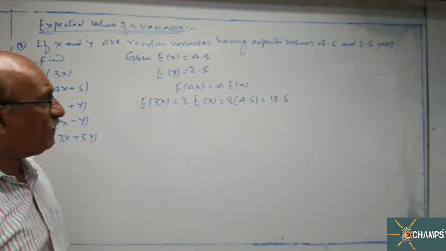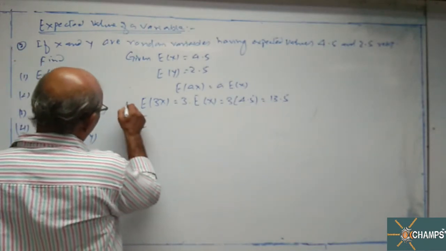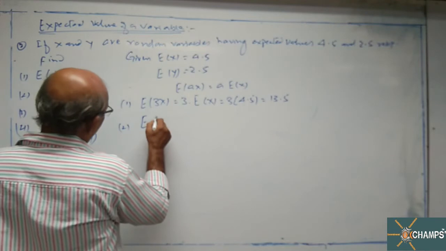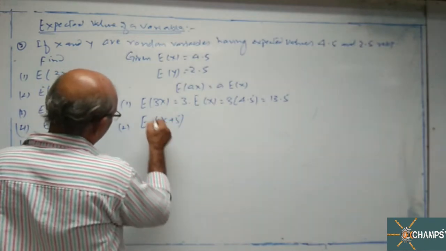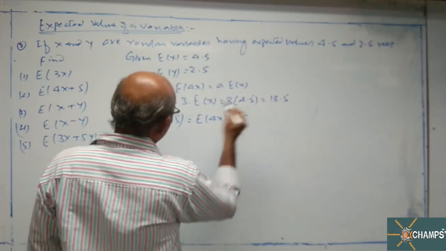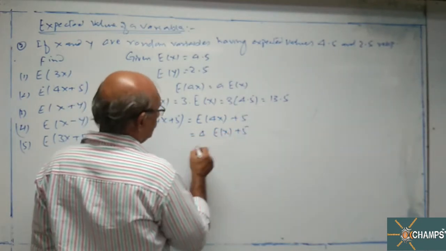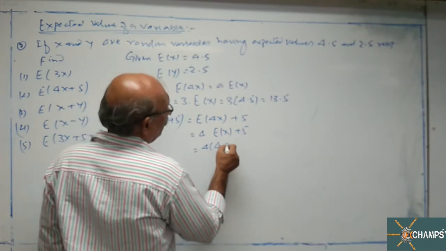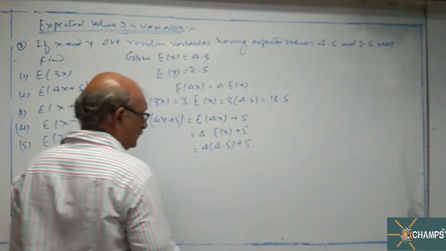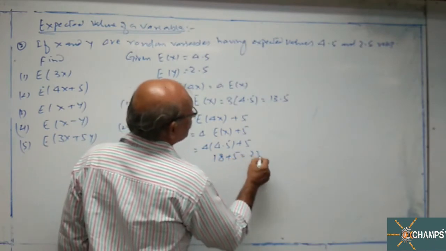Next, E of 4x plus 5: 4 into E of x plus 5, 4 into 4.5 plus 5, 18 plus 5, 23.